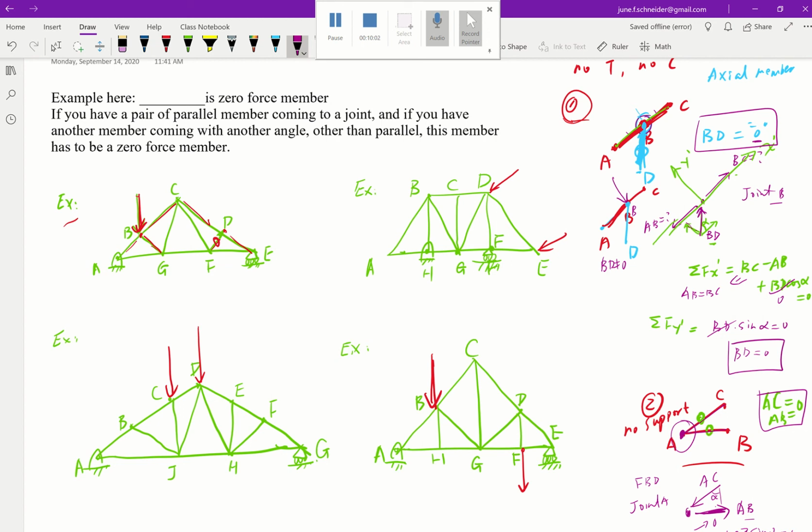So be sure BG is not a zero force member.